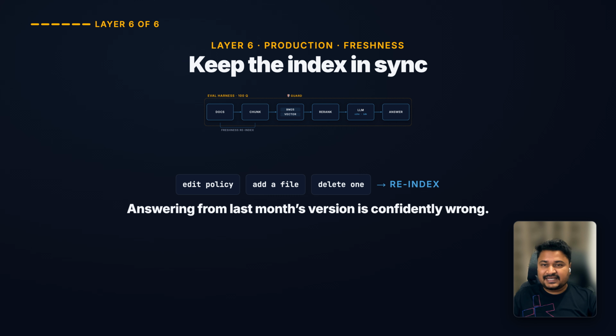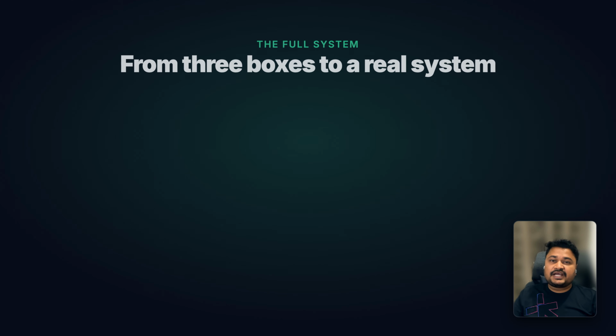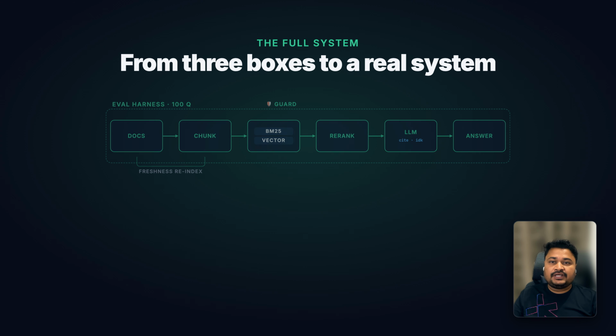Your documents change, someone edits the policy, adds a file, deletes one. If your system is still answering from last month's version, it's confidently wrong. So you build the boring pipe that keeps the index in sync as things change. Not glamorous, absolutely necessary.